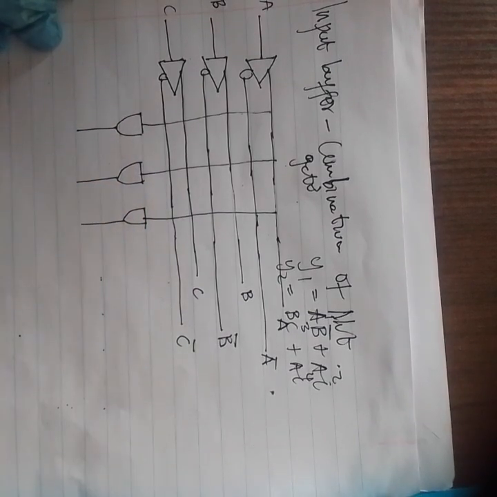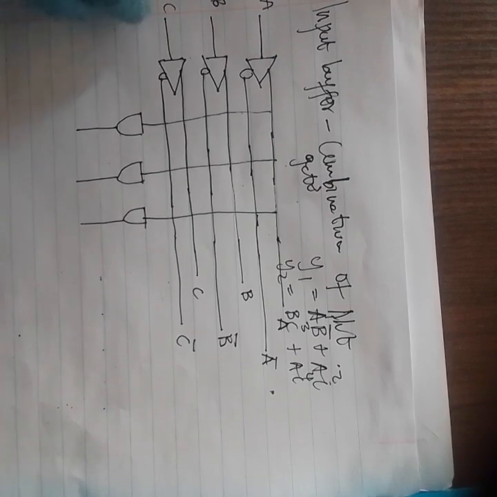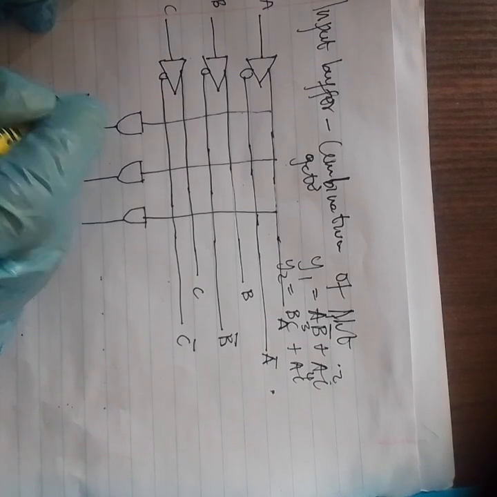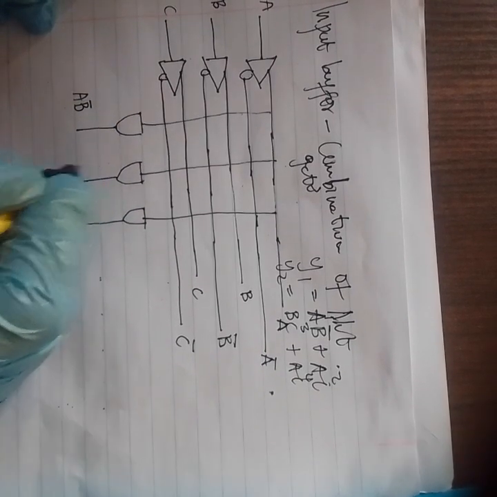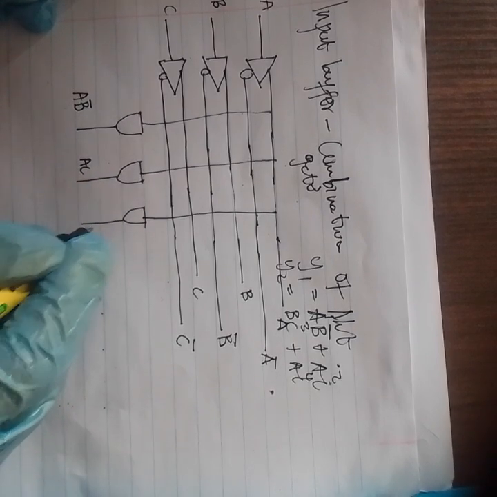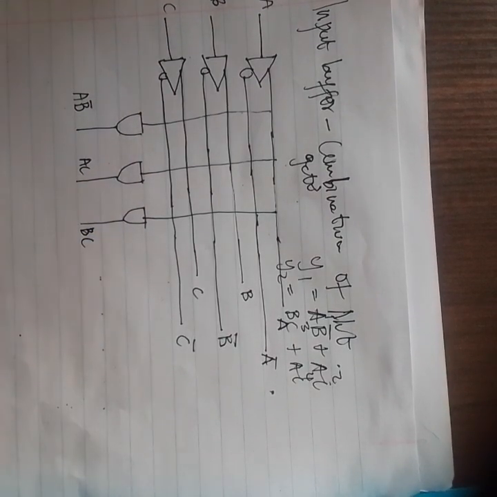And the outputs of these programmable AND gates are AB bar, AC, and BC.